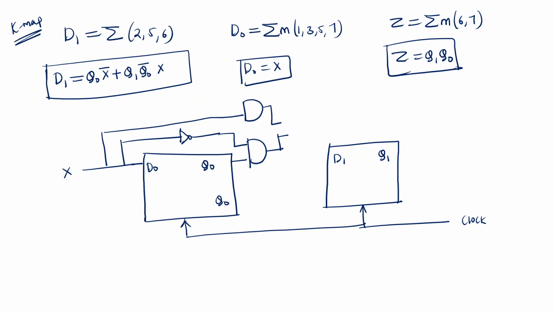This is Q naught bar. And Q1, you can take from here. And this is connected with an OR gate, and this is given to this D flip flop.